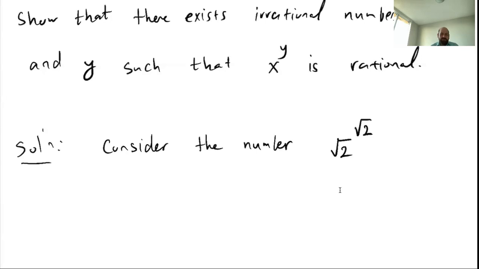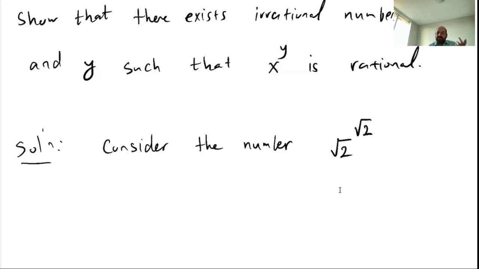Well, you can try to find out whether it's rational or irrational. But right now we want to show the existence of the object of interest without trying to find out which case it is.